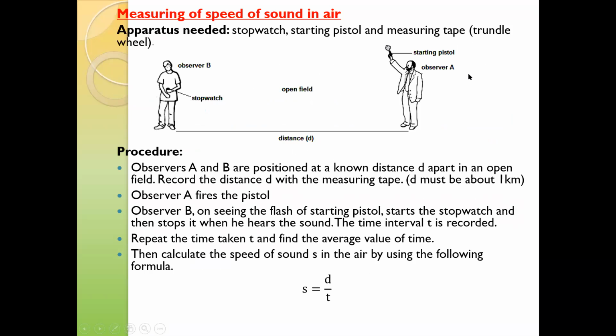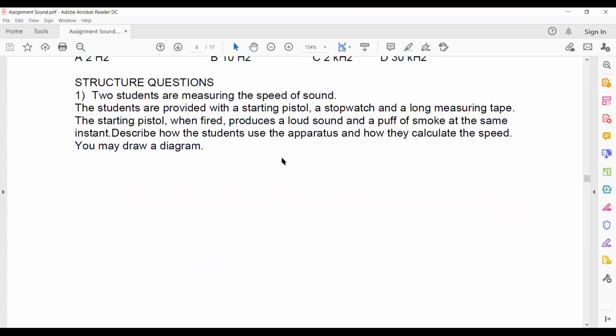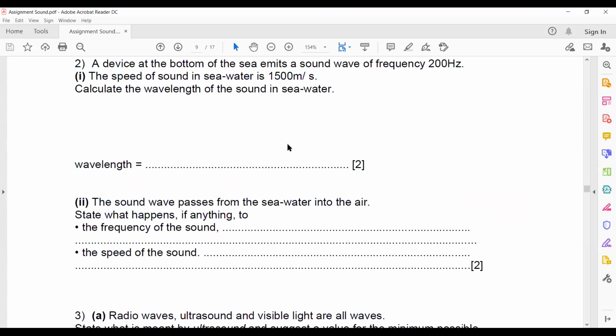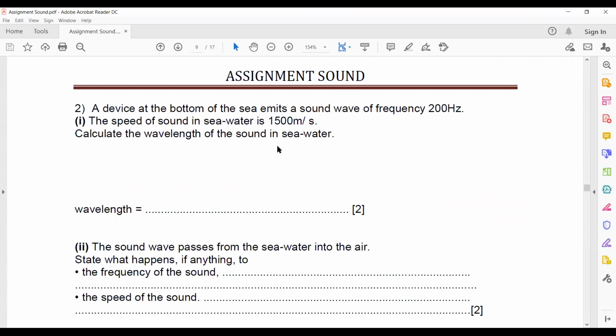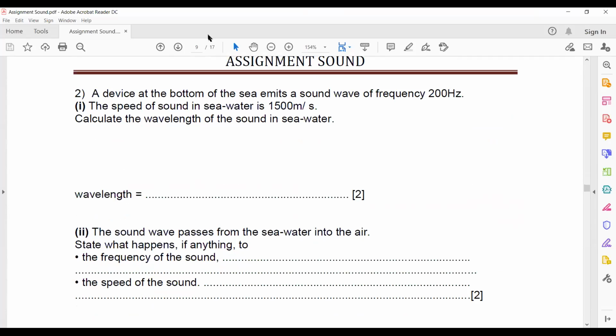Stopwatch, starting pistol, measuring tape. So you have to write this whole procedure. Yes, you have to draw the diagram as well.